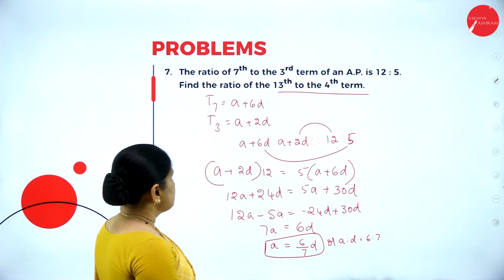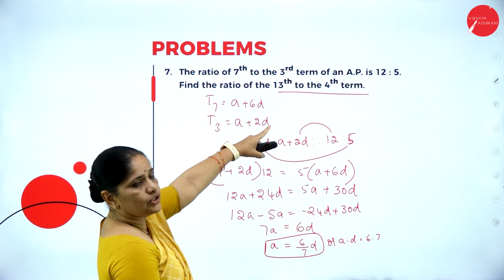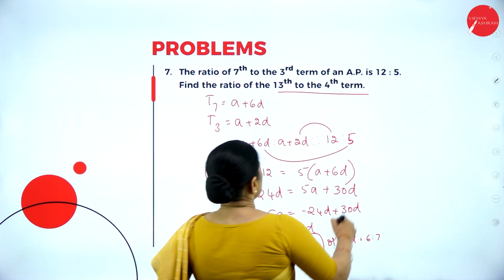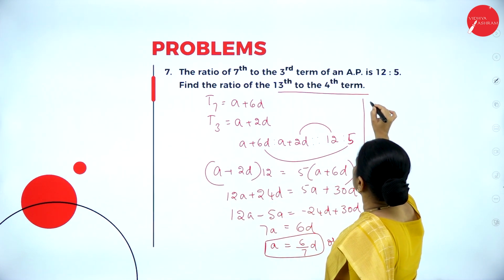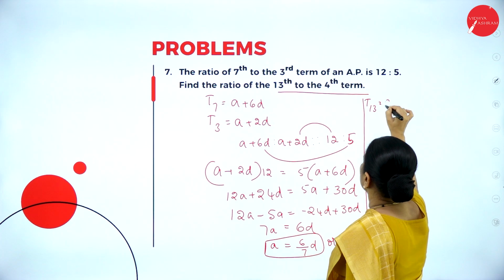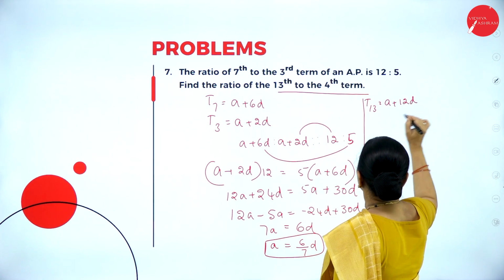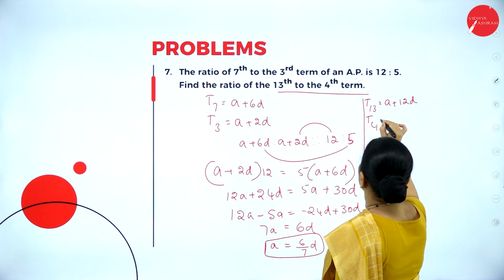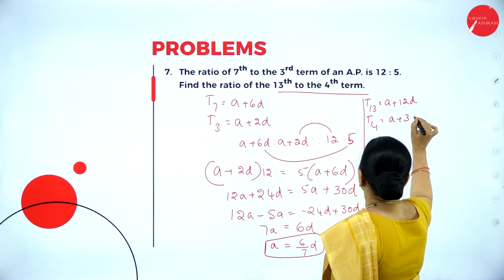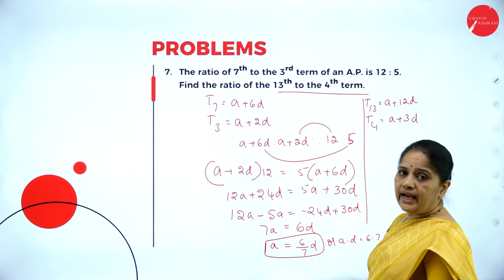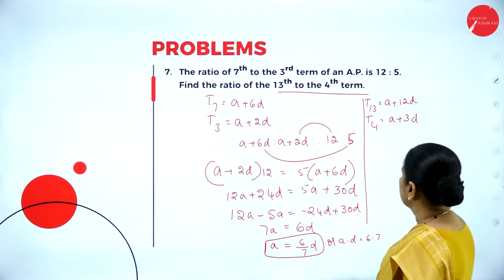Now, they have asked us to find the ratio of the 13th to the 4th term. Now, the 13th term is T13 equals A plus 12D. And the 4th term is T4 equals A plus 3D. Now, we have to find the ratio here.